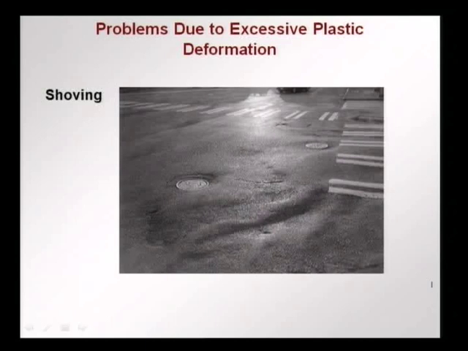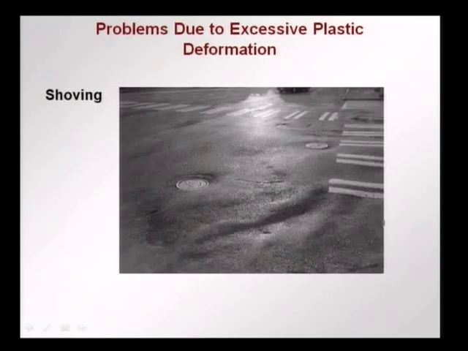These are some pictures showing the distress that can occur on pavement surfaces. Due to very high plasticity or plastic deformation on the surface, we can have something called shoving, where you see that there is an undulation formed because of some traffic, say due to turning conditions. Here you have shear stresses which push the asphalt to one side, forming a ditch in some areas.